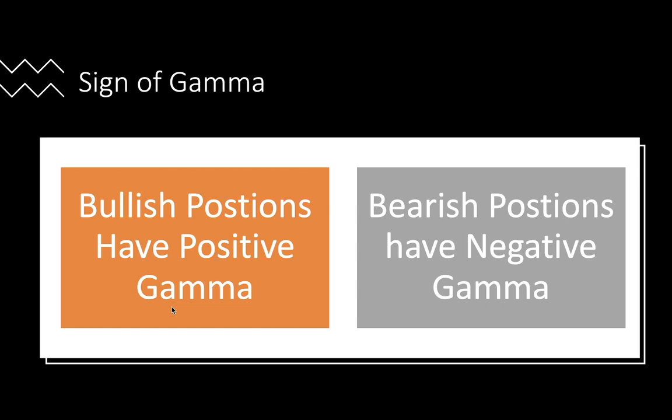As we approach at the money and in the money, that is when gamma is at its highest. Obviously, when you're short a call, you want the stock to go down and stay away from your strike price, so you want to be out of the money.